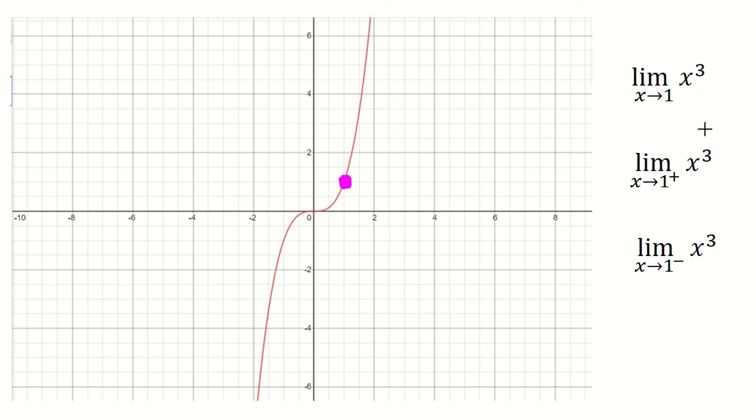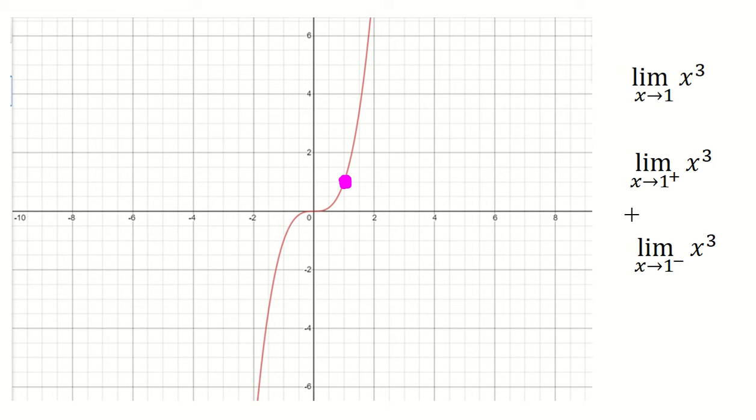So let's start here with this middle one: the limit as x approaches 1 from the right of x cubed. I've denoted where x equals 1 is, at that pink dot, and this red function plotted here is x cubed.